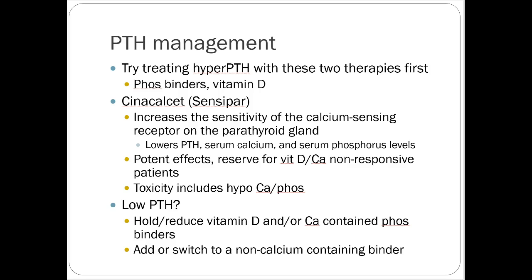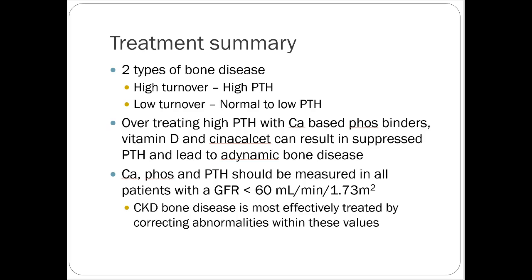If your PTH is low, which would generally be a little unusual, you'd want to hold or reduce vitamin D or calcium-containing phosphate binders until it pops back up, or consider switching to one of the non-calcium containing binders. So, summary here: you've got two types of bone disease. You've got high turnover, which is going to be high parathyroid hormone, or low turnover, which is normal to low parathyroid hormone. You want to avoid overtreating high PTH with calcium-based phosphate binders.